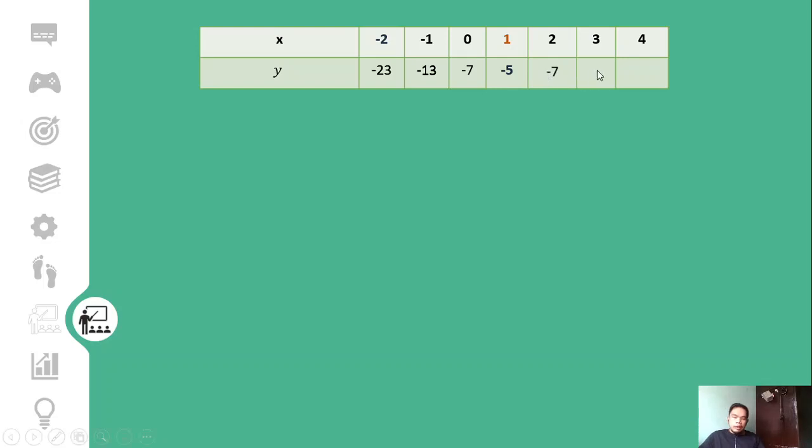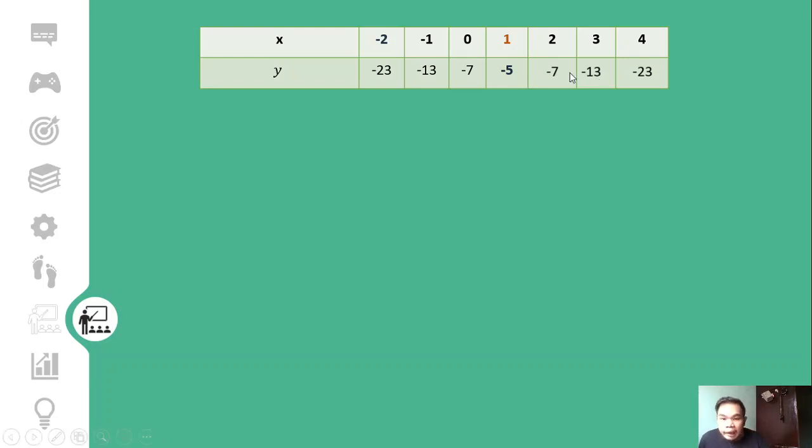Dito naman, -13. Dito naman, -23. Ayan. So, yan yung technique, no? Since symmetrical naman yung parabola, therefore, dapat itong nasa left side natin ay kaparehas na itong nasa right side. Okay? So, again ulitin ko.